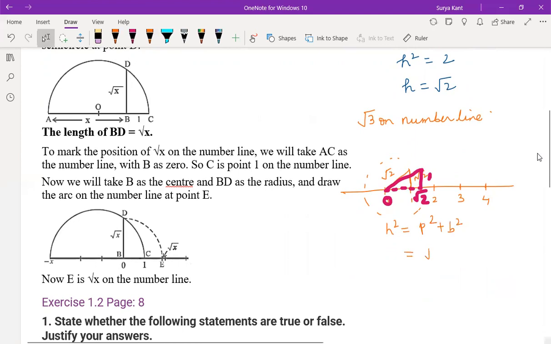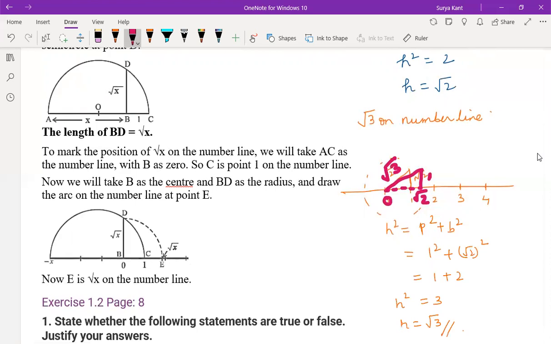Again, we take B as root 2. Perpendicular is 1, right? Here P is 1. 1 square plus root 2 whole square. This is nothing but 1 plus 2. So you get 3. So h square is equal to 3. So h is equal to root of 3. So this hypotenuse is nothing but root 3.